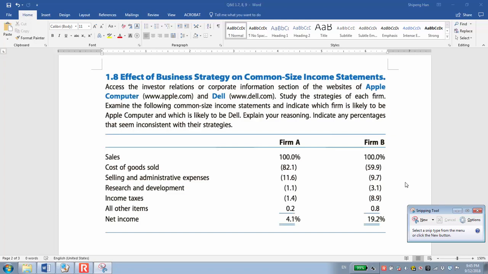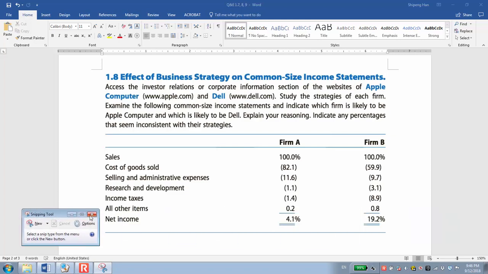So, because of Apple's strategy, we believe Apple should enjoy a high profit margin, right? So it is easy to understand. And we also know, in the past 20 years, at least 10 years, Apple is one of the most profitable firms, right?